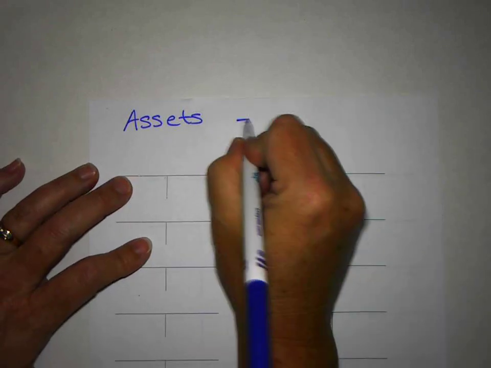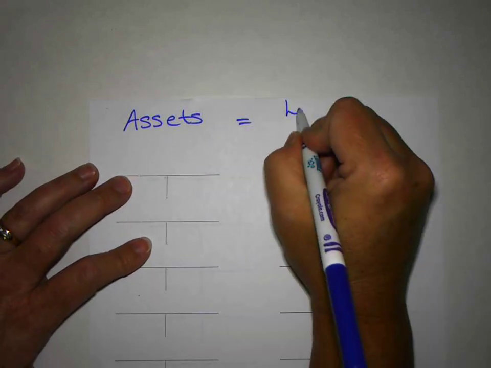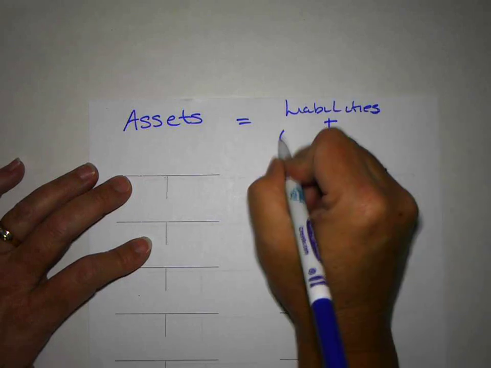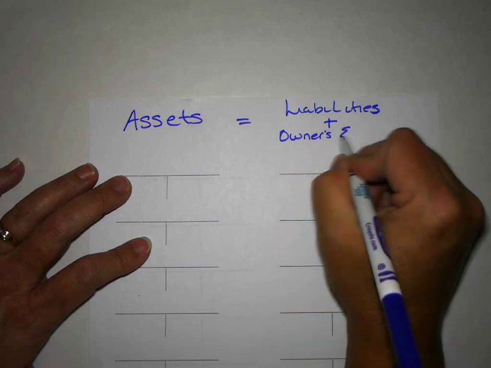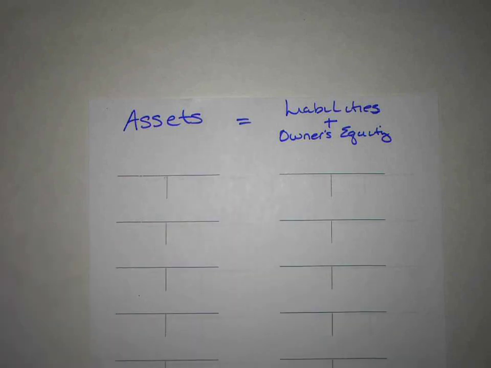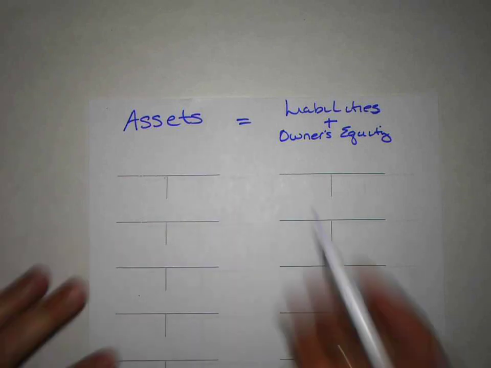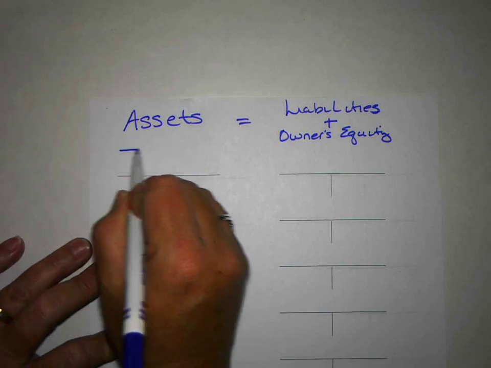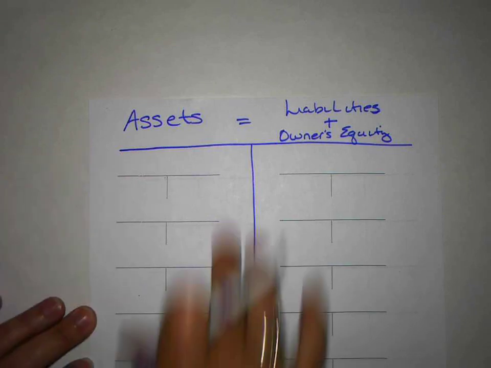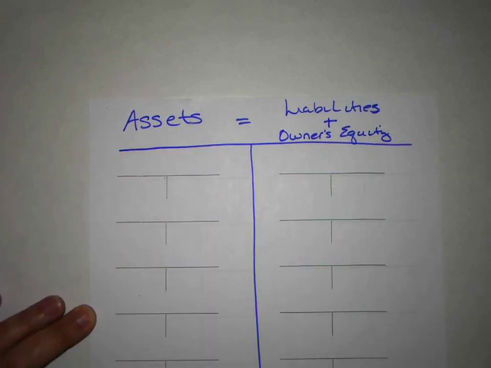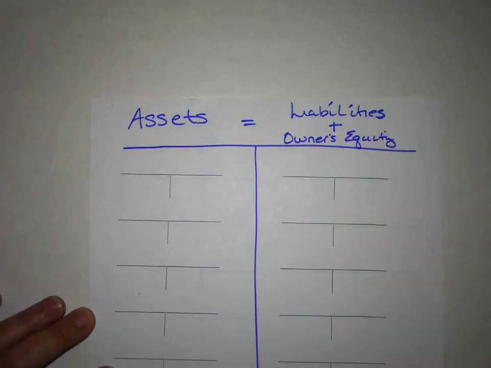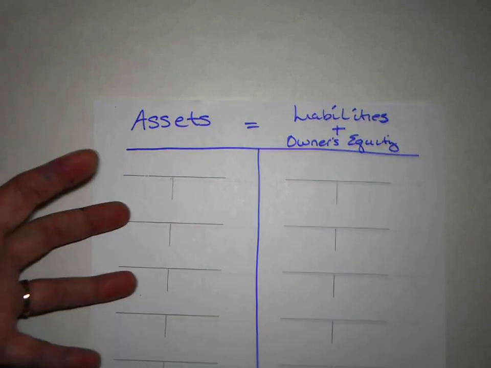Assets equals liabilities plus owner's equity. Okay, and I don't have my ruler here. But we're going to draw a nice line, get that T going for that whole page. Okay, so basically everything we look at over here is going to be an asset. Everything we look at over here is going to be on that right side of that equation, either a liability or an owner's equity. And so this is going to be kind of a cheat sheet for you.